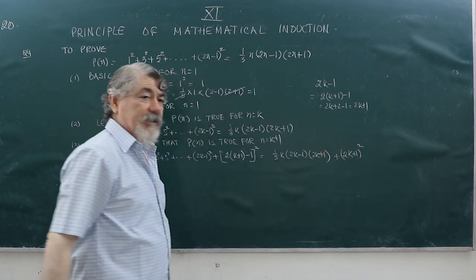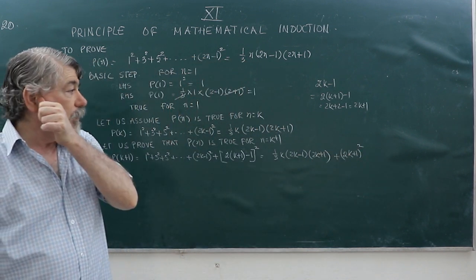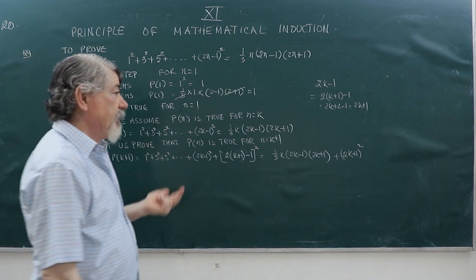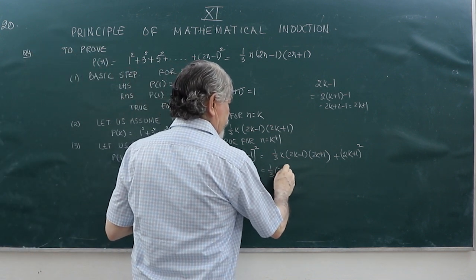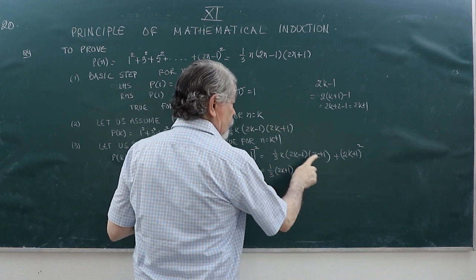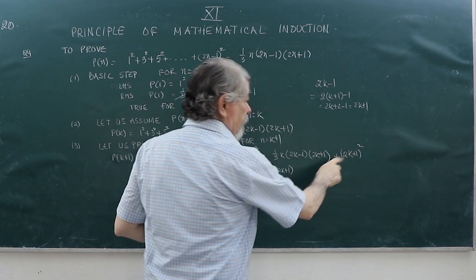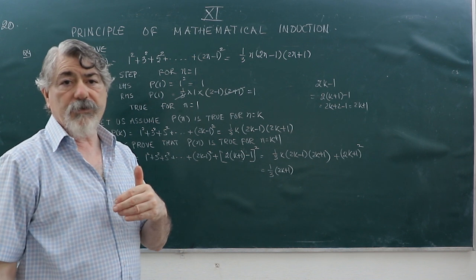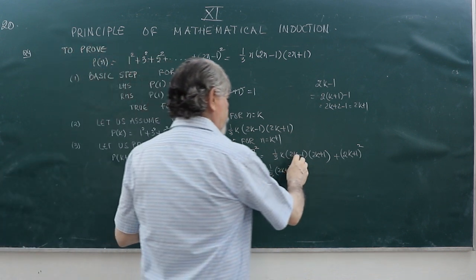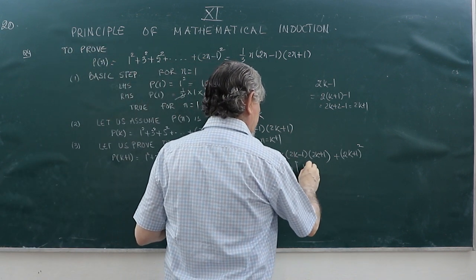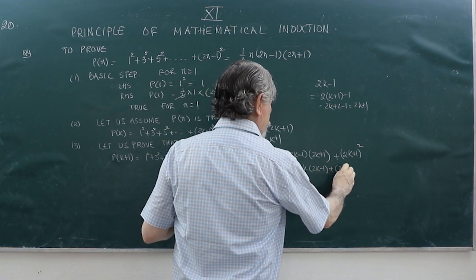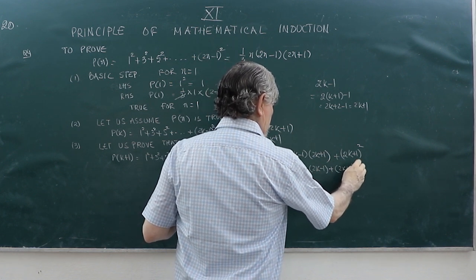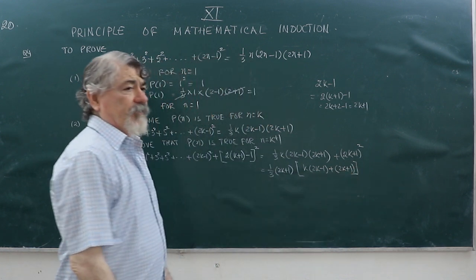You can take 3 as LCM, or you can take out 1 upon 3 and (2k plus 1). 2k plus 1 is here, (2k plus 1) whole squared is here, so I can take out (2k plus 1) and what will be left is k(2k minus 1) plus 3(2k plus 1). Now it is simple algebra, we have to solve it.